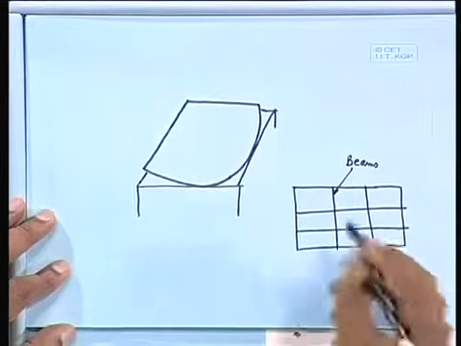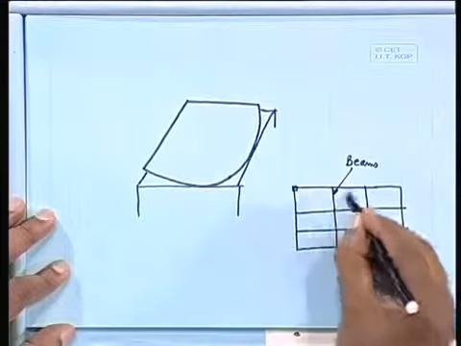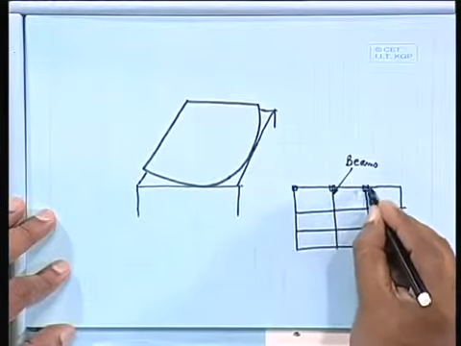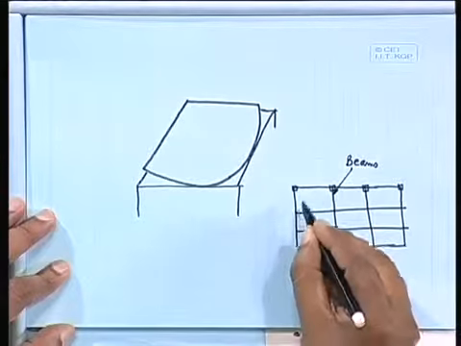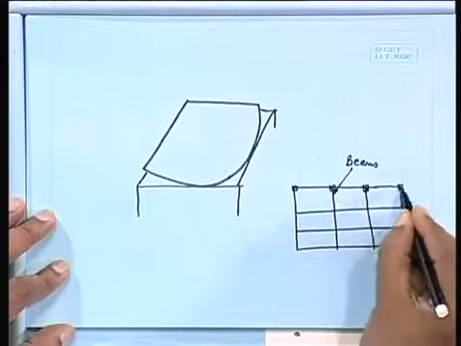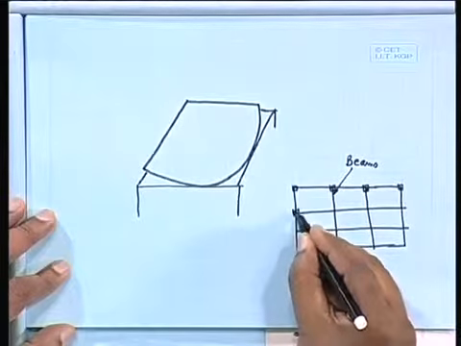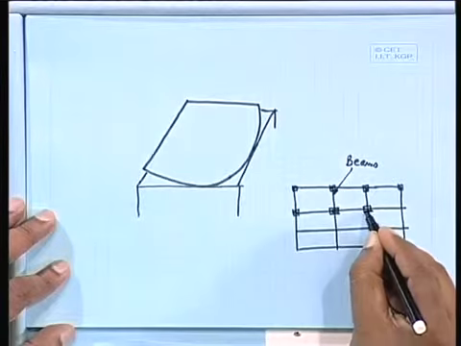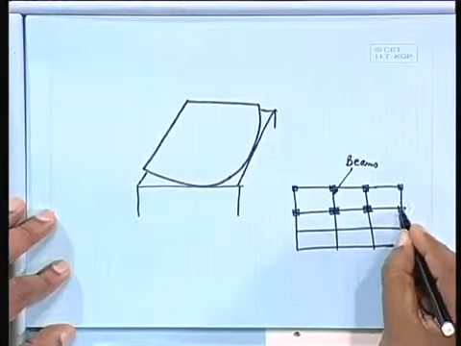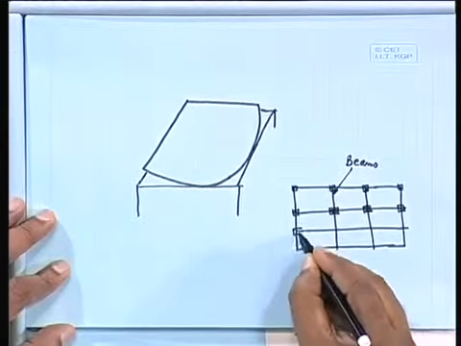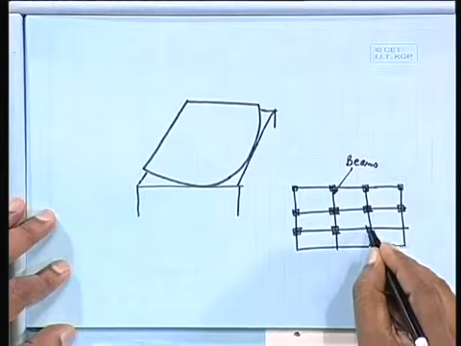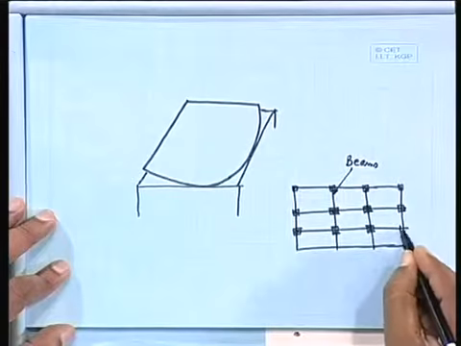To be more specific, there are so many columns; maybe we can specify a column at each beam-column junction here, or it can be alternate also depending on the design. So we can say these are all panels, and I am talking about this one in plan.